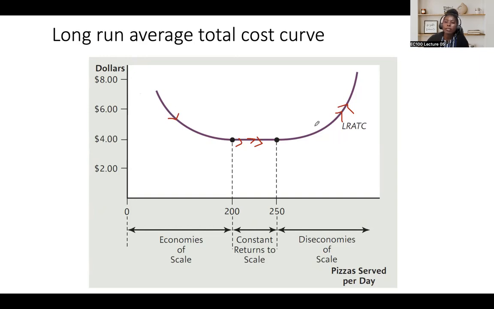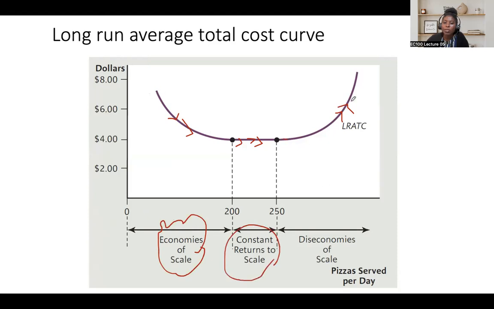They usually go through this phase. In this phase of decreasing long-run average total cost, costs are decreasing. This phase we call economies of scale. And when it's flat, we call it constant returns to scale.